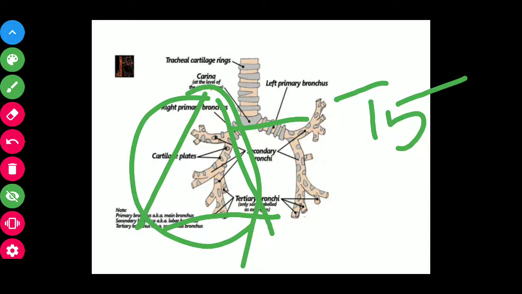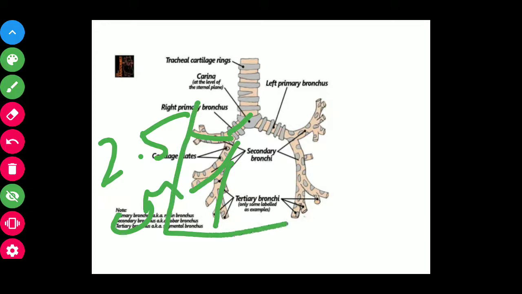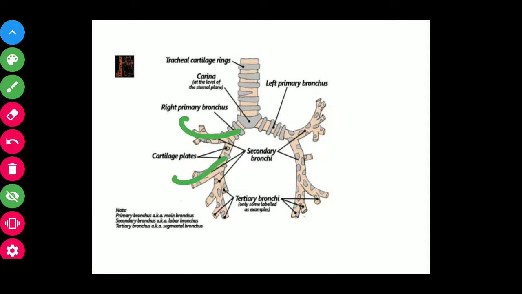Its length is about 2.5 centimeters. After entering the right lung, it divides into 3 branches, into the 3 lobes. So the right lung has 3 lobes: superior, middle and inferior. The bronchus divides into 3 and goes into each lobe.